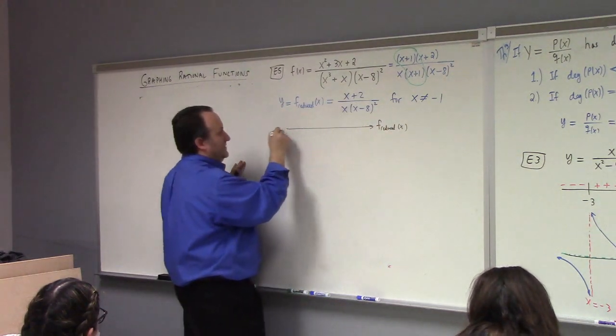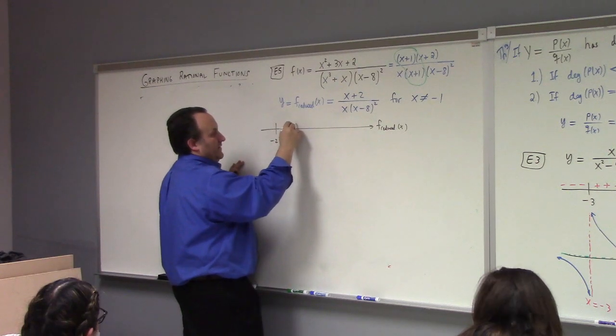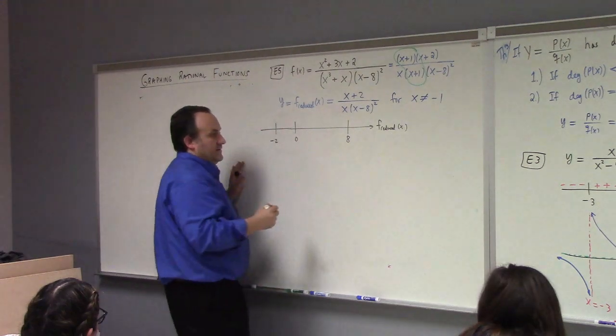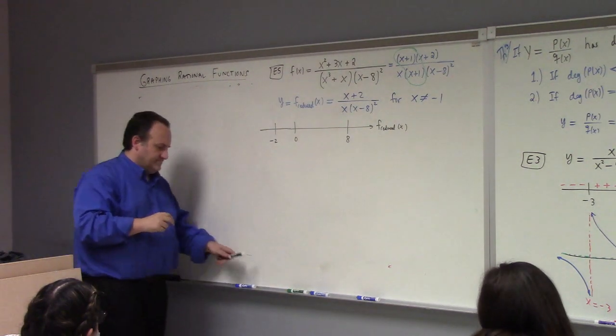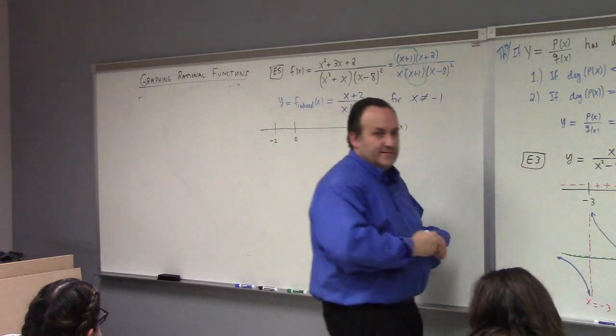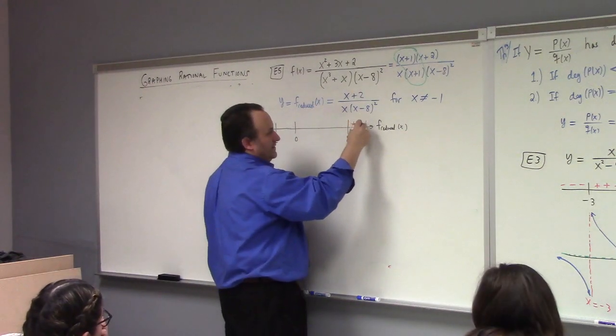I've got minus 2, I've got 0, and then I've got, I guess, 8 over here, right? Those are my critical numbers. And because I lack imagination, we have plus to the right again, because if we plug in a big number, we get positive over here.